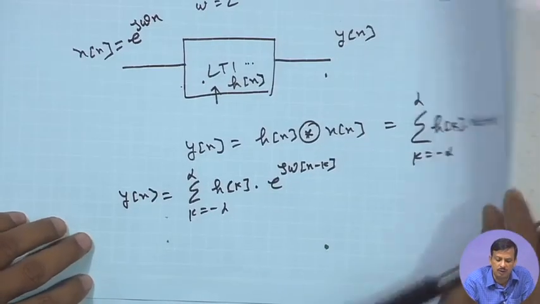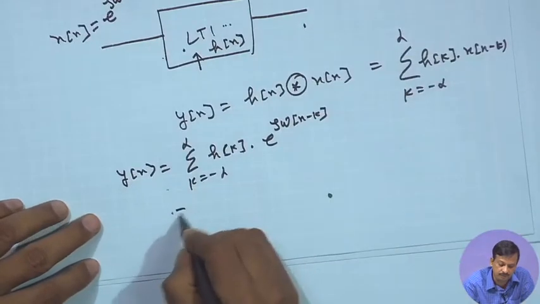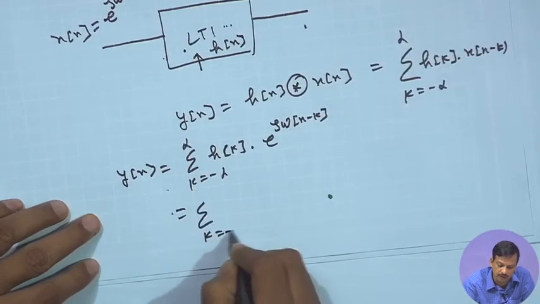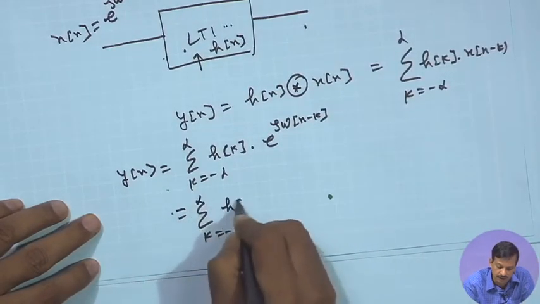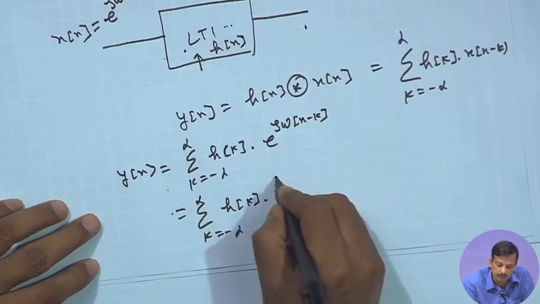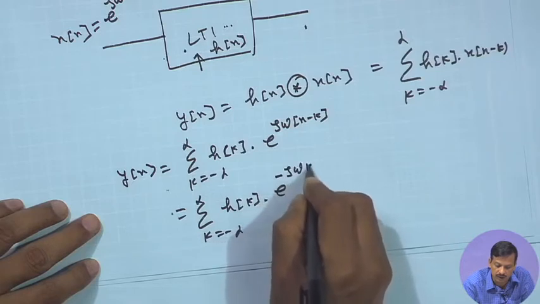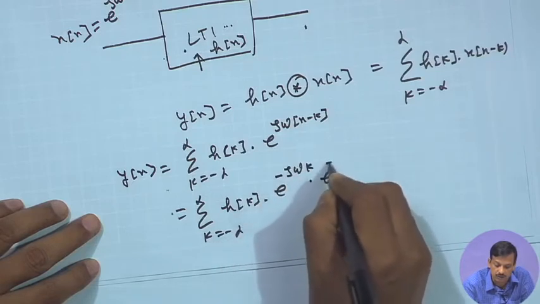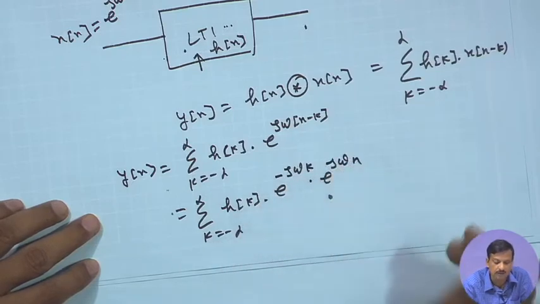Which is nothing but the sum over k equal to minus infinity to infinity of h[k] e to the power minus j omega k into e to the power j omega n.